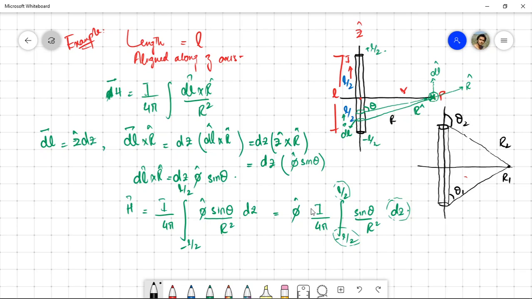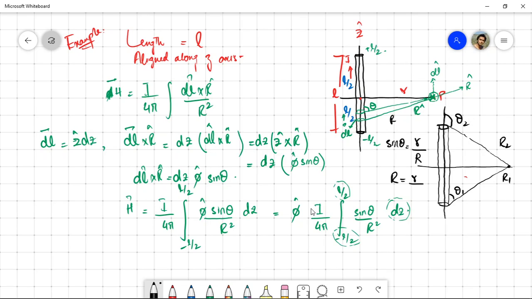We can mention this R in the form of theta by using the sine component. Sine theta is perpendicular over hypotenuse, and this is the perpendicular, this is the hypotenuse, that means small r over hypotenuse, which is capital R. So what is the value of r?